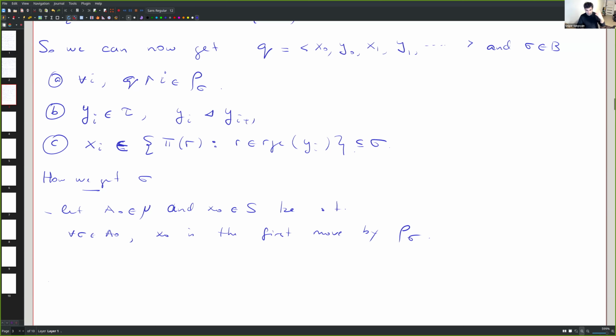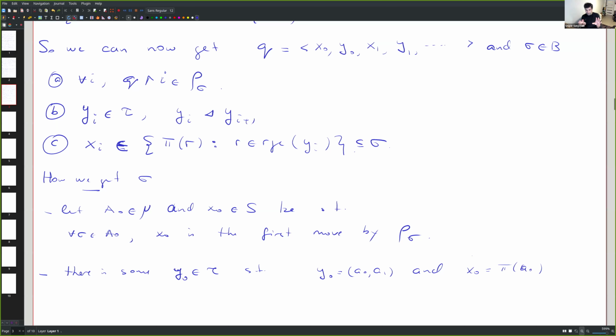Now, tau is a strategy, right? So tau tells you there is some y0 in tau such that y0 equals a0 a1 and x0 is pi of a0, right?